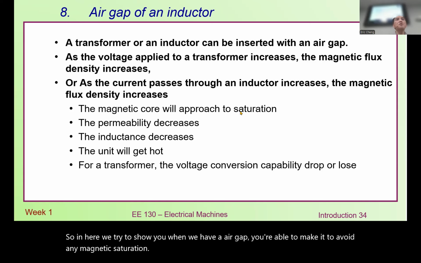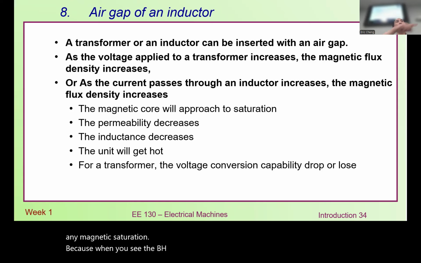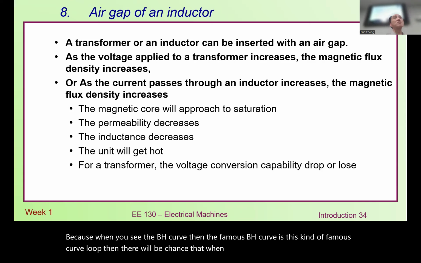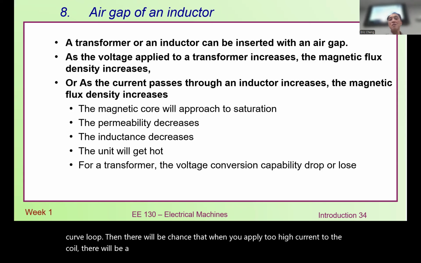When you look at the BH curve, the famous loop, there is a chance that when you apply too high a current to the coil, there will be saturation. The air gap is something we can use to control that.